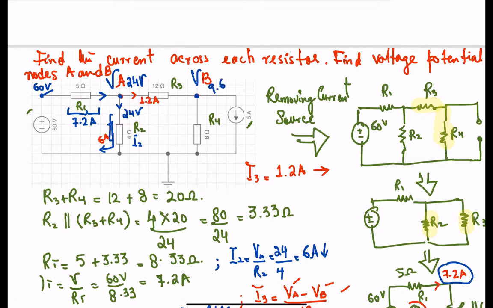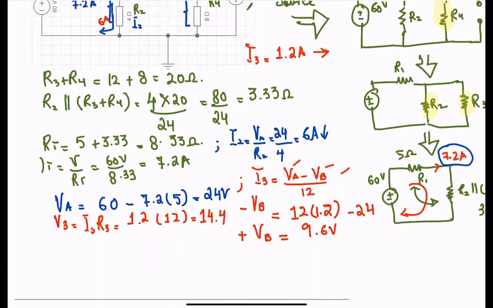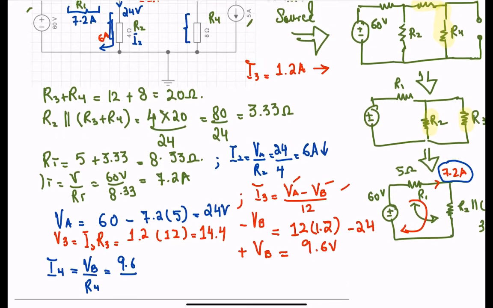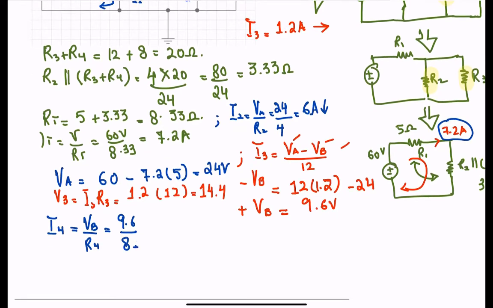Remember, the same voltage will go across resistor R4. So I can simply apply Ohm's law here and find the current across resistor 4, and I'm going to label it as I4. It's going to be VB over R4, VB being 9.6, R4 is 8 ohms, and if I do the calculation, it's going to be 1.2 amps.